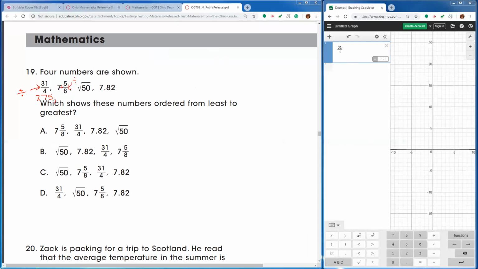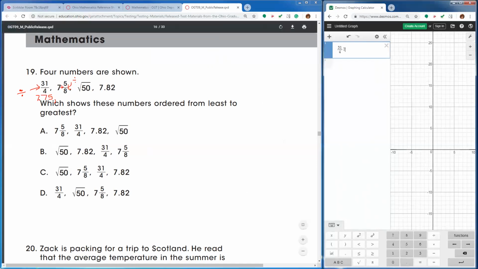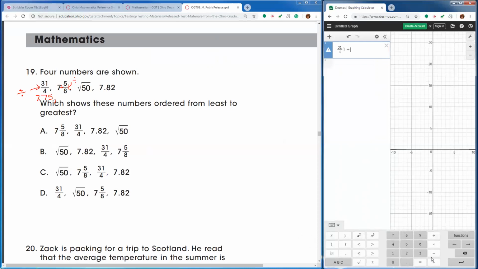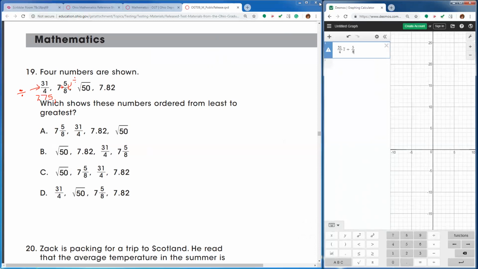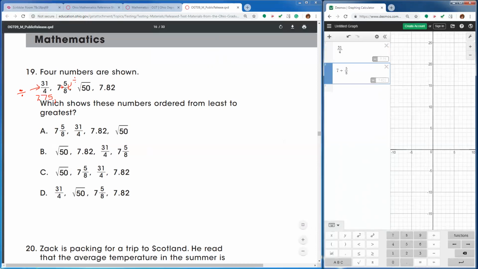When you type it in, you're going to do 7 plus 5 divided by 8. Oh, okay, notice I'm on the same line. It's not going to work because I should have clicked down below and done 7 plus 5/8. Easy to fix though. So now we have 7.625.